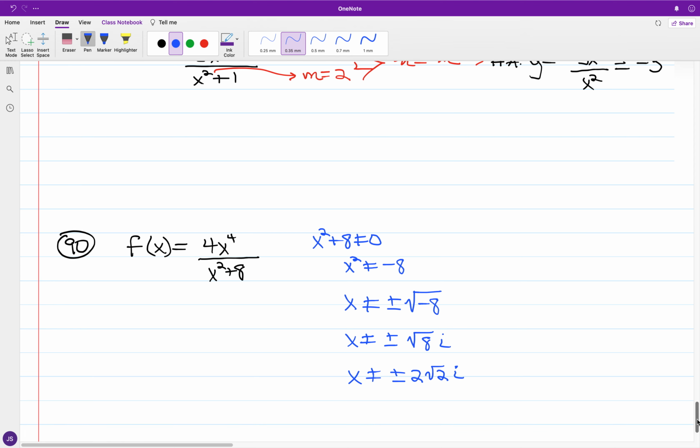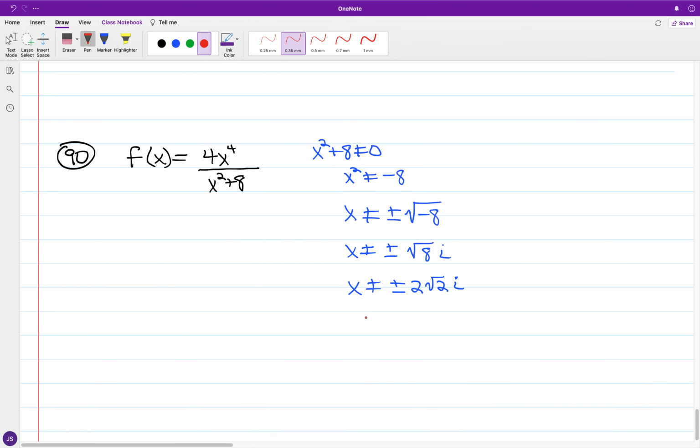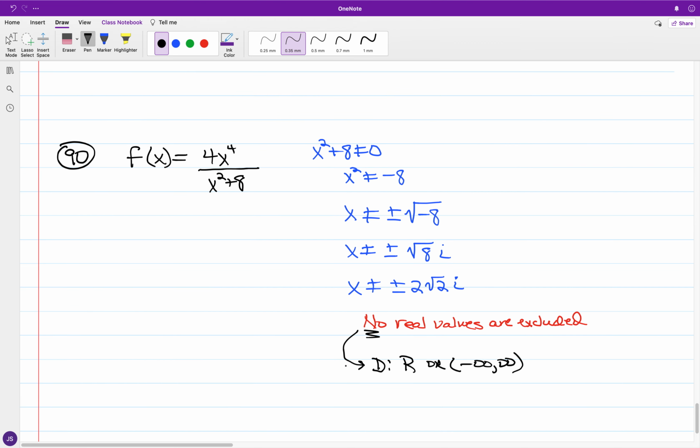But again, history repeats, so no real values are excluded. So once again, for the domain, we have the set of all real numbers. And in terms of vertical asymptotes, because there are no real values excluded, we have no vertical asymptote.